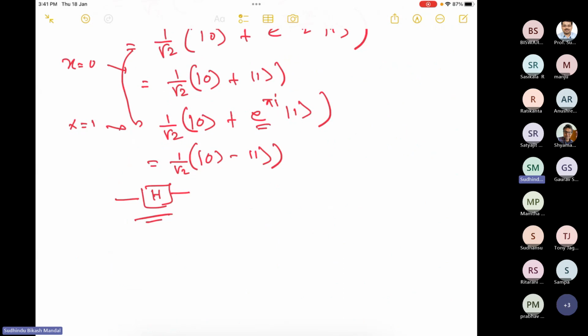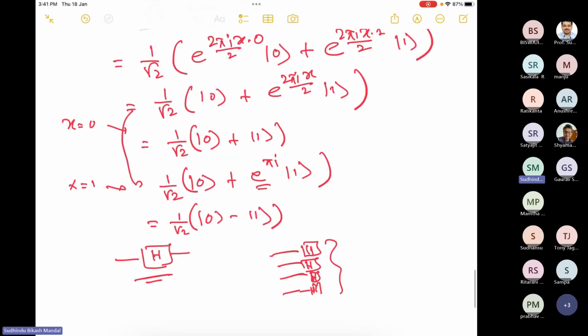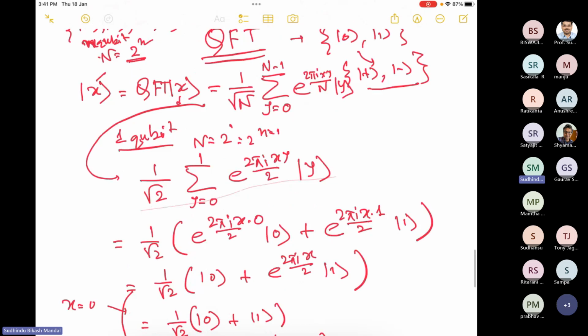So this is the 1 qubit case, but this is not a generalized case. If I say I have 3 or 4 qubits, I just put Hadamard, Hadamard and Hadamard, and it becomes a Fourier basis. No, the expression is not saying that.